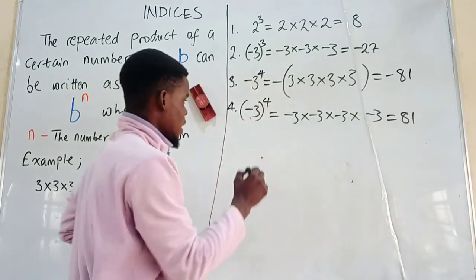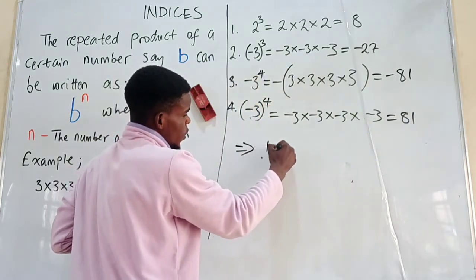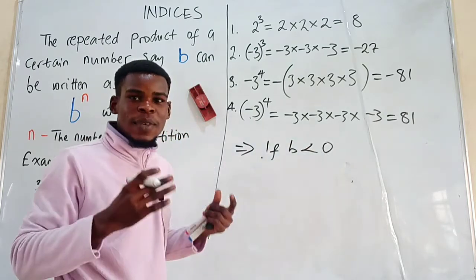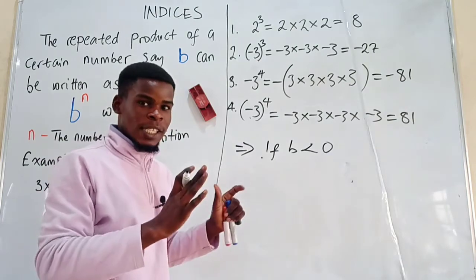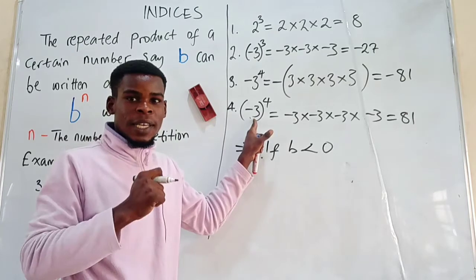So this shows that if b is a negative number, that is, if b is less than 0, any number less than 0 is negative, so it will carry the negative sign, just like -3, -1.